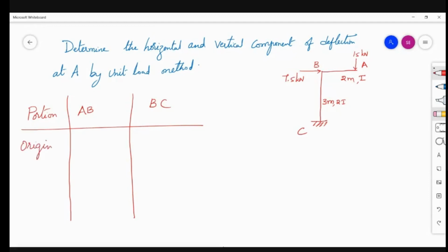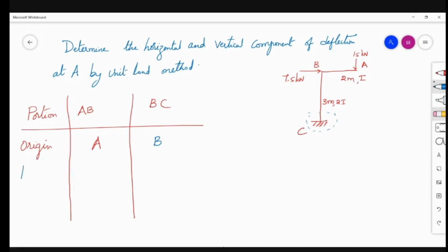For AB, I will consider the free end as the easiest one. So A is the origin for AB portion. Whereas for BC portion, you can't consider C as the origin. Why? Because the reactions are not calculated. As we have not calculated the reactions, you consider B as the origin. So for BC portion, B is the origin.